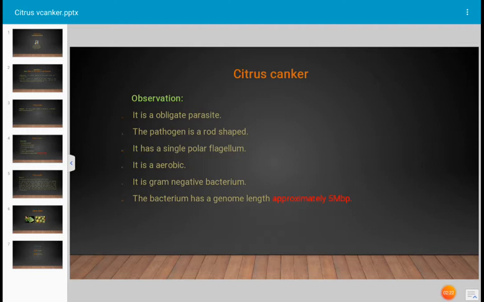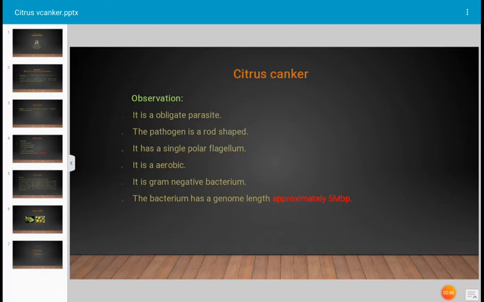When you see under the microscope, it is not possible to see the exact structure of the bacterium. But you should know, because we have already studied the theory, and all the practicals are connected with the theory syllabus. You know the details of the pathogen, that it is an obligate parasite.